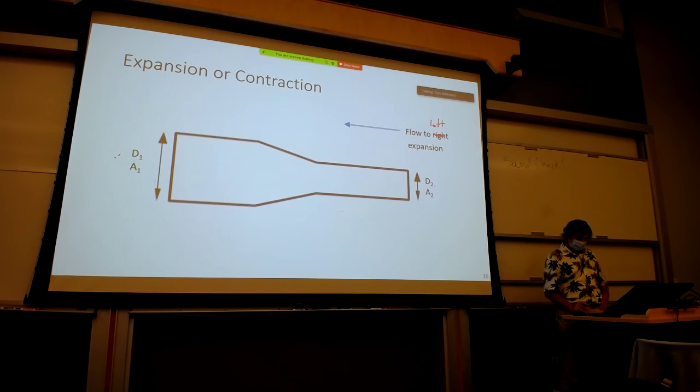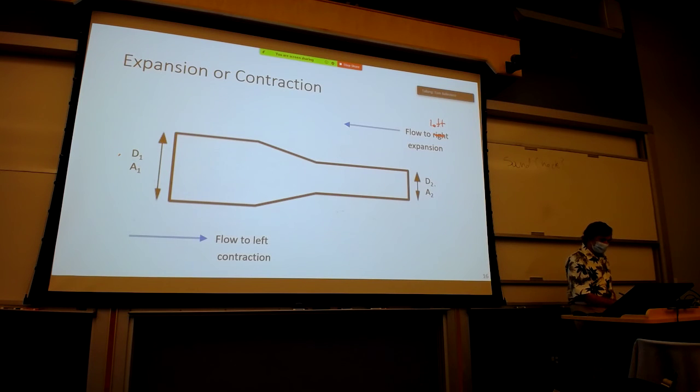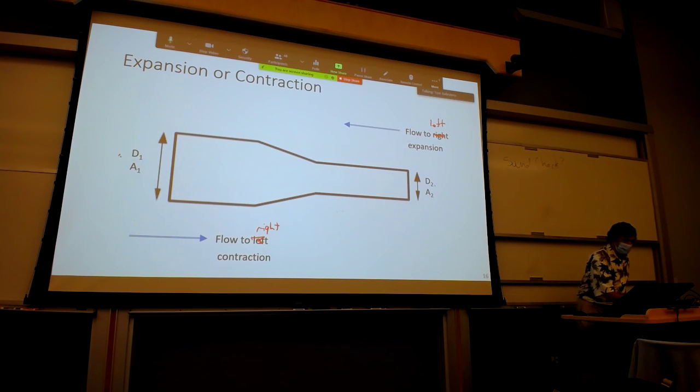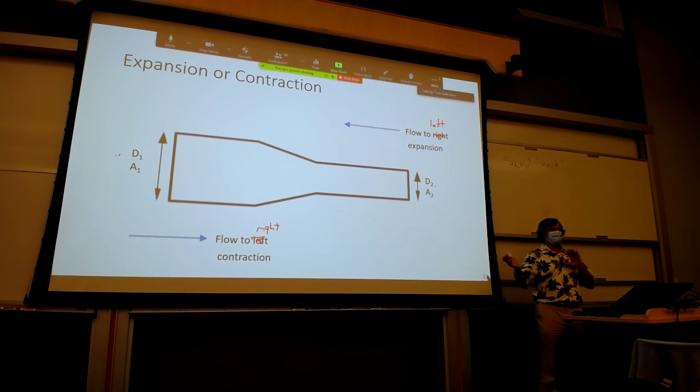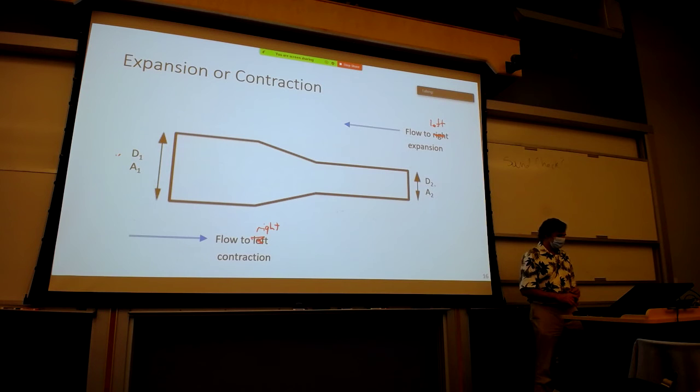That's an expansion. If we have flow to the right, that would be a contraction. You're going from a large diameter, D1, to a smaller diameter, D2.